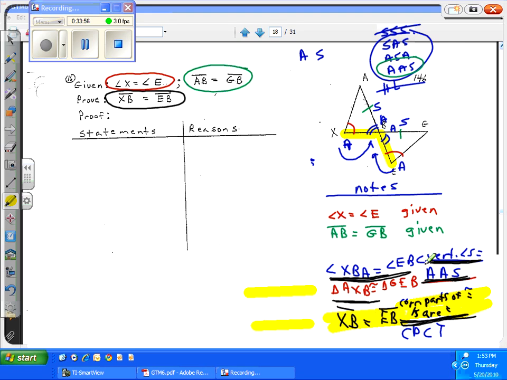So I go, this statement and this statement were needed. Now to say that they're congruent by angle, angle, side, I need an angle, and a side. Well, there's an angle, there's an angle, there's a side, so that I can say that they are congruent by angle, angle, side. So that's justified.